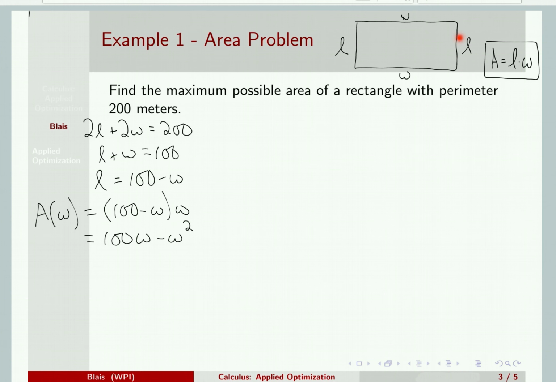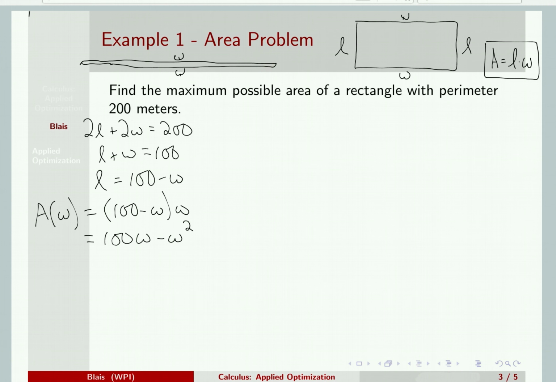In that case, you could think of a very tiny L, so you would have a very long and skinny garden, in which case you're getting close to W plus W. As this gets skinnier and skinnier, your W is approaching 100.